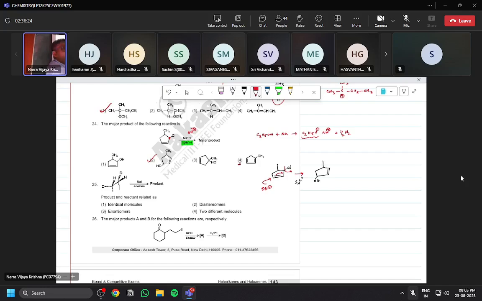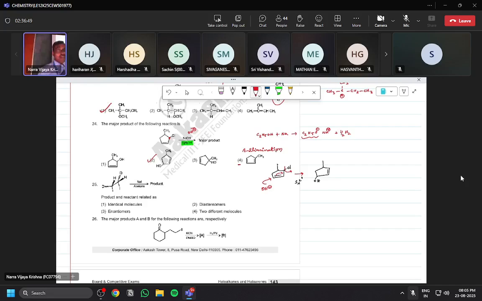This is also same like alcoholic KOH, right? So we have to show some elimination. If I show elimination, I have to form double bond here. Then both will be in conjugation. Means option 4 is possible. Correct or not? So if it is a beta elimination, I should get 4 as the option.